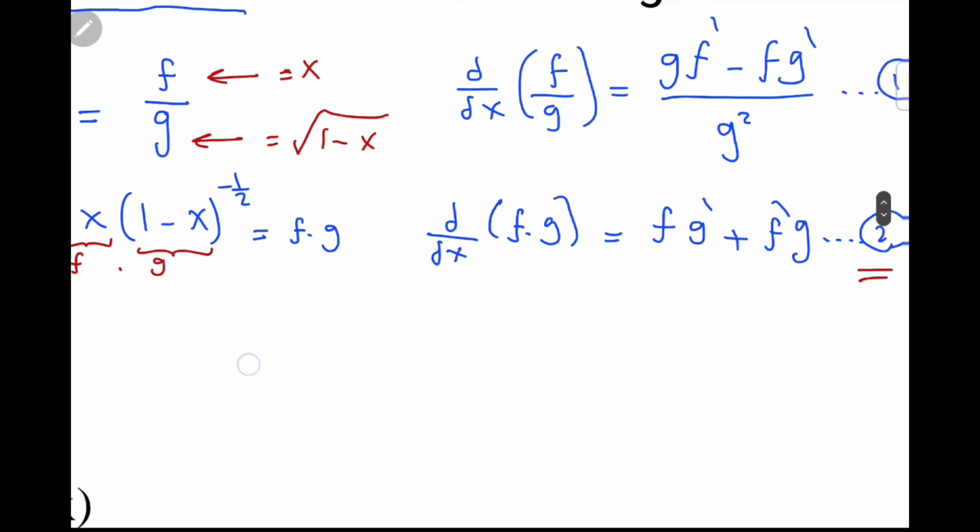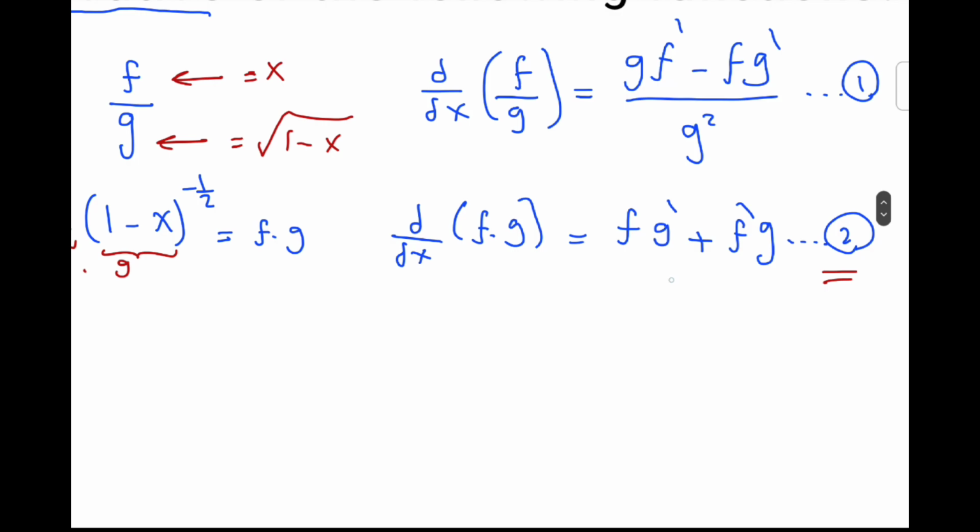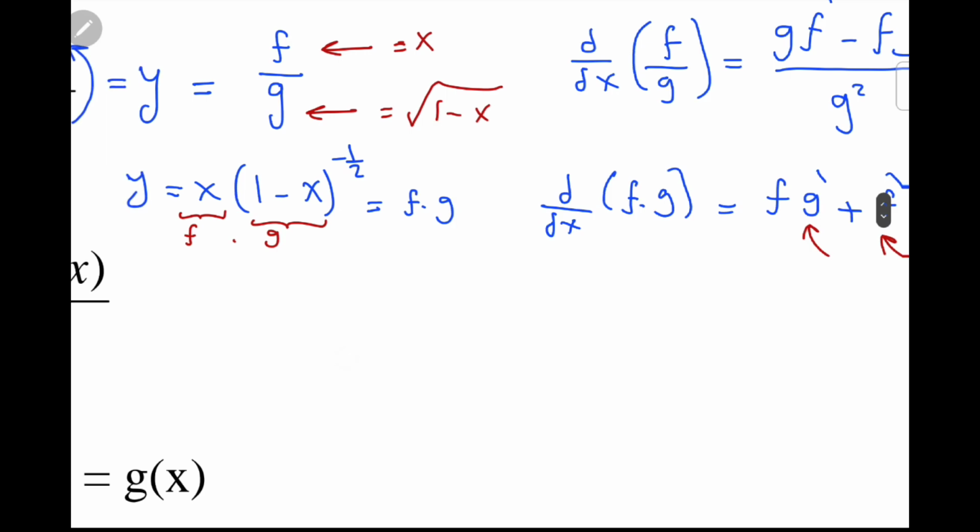In equation number 2, we need to find g prime and we need to find f prime. So f is given by x, so the derivative is simply equal to 1.